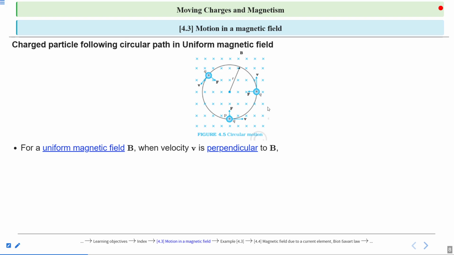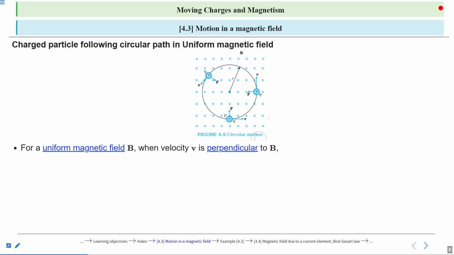That means the angle between magnetic field B and velocity V is always 90 degrees, because the magnetic field remains perpendicular to the plane of the paper and the velocity is in the plane of the paper.